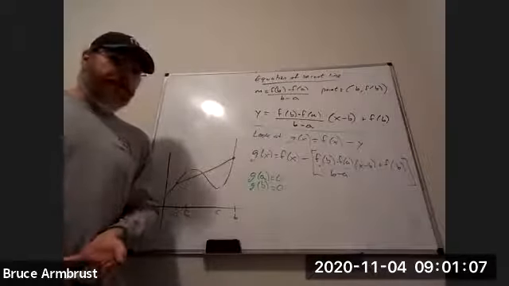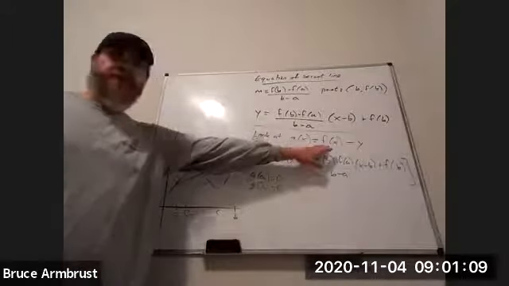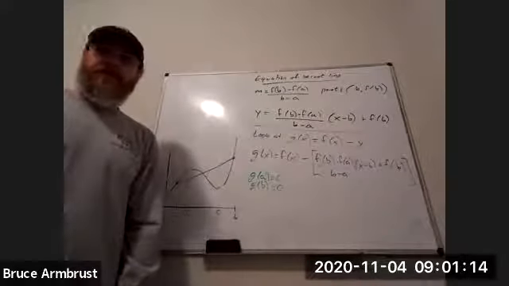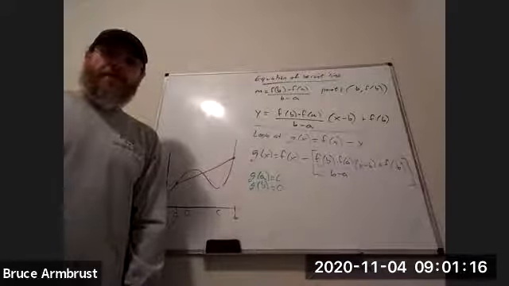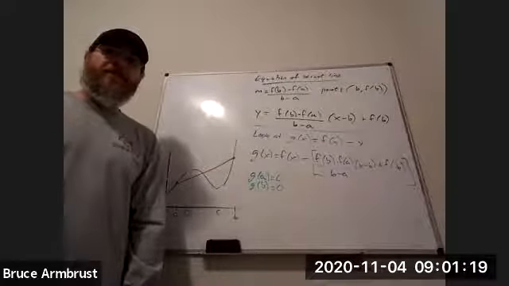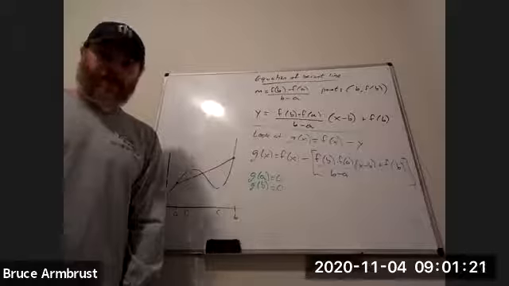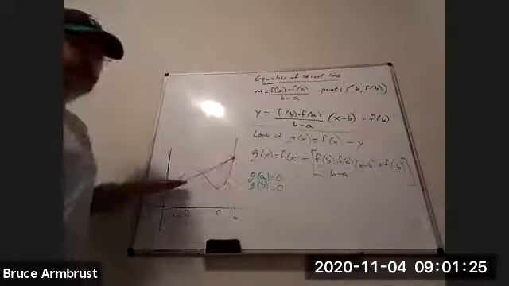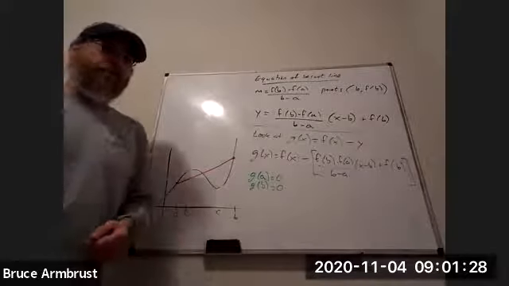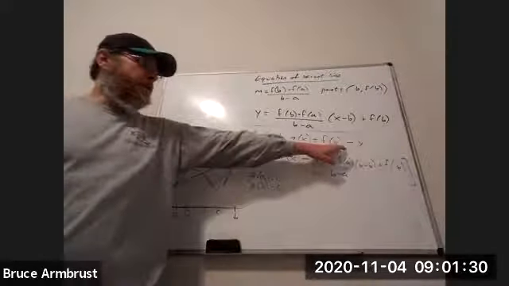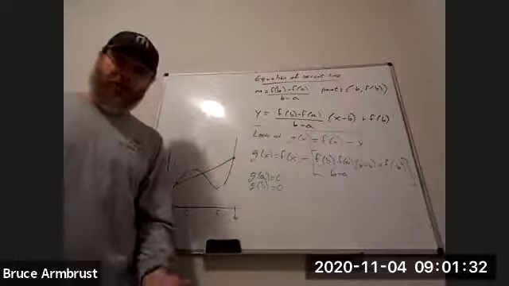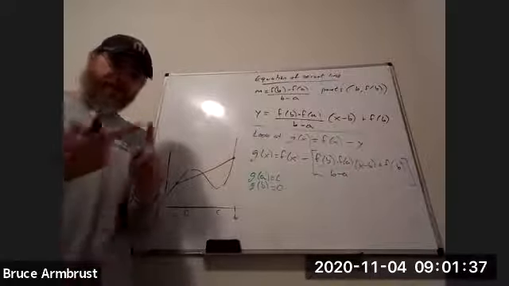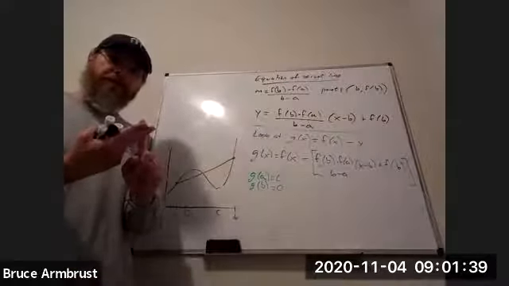Is it differentiable? Well, f of x is differentiable because we're told that it is. Is the line differentiable? Does this have a derivative? Yeah, it's the slope of the line. So the difference of differentiable functions is also differentiable. So this thing that we just created, g of x, is continuous and differentiable.